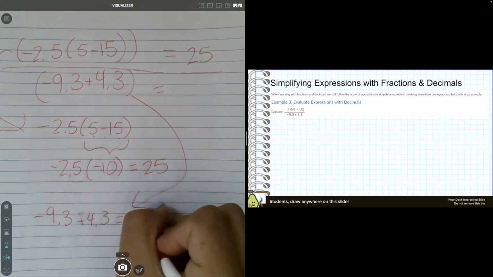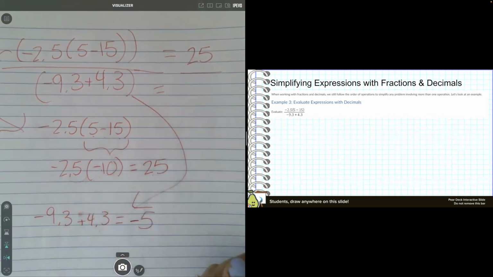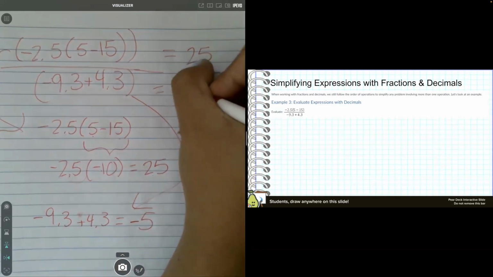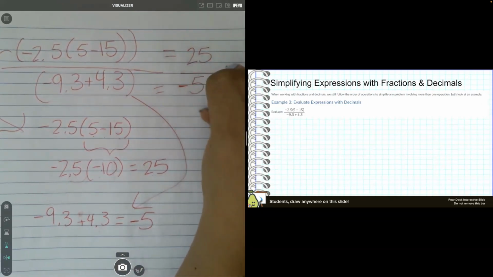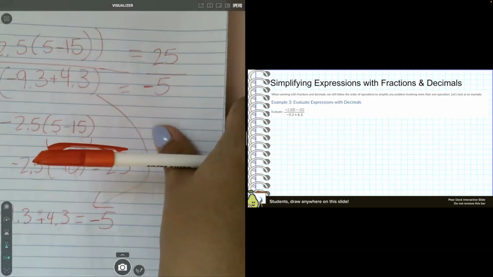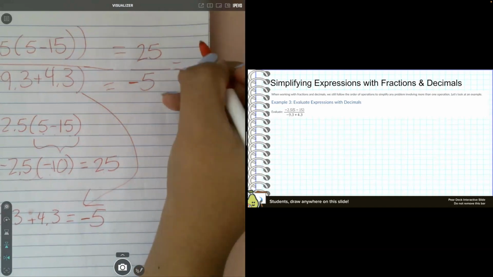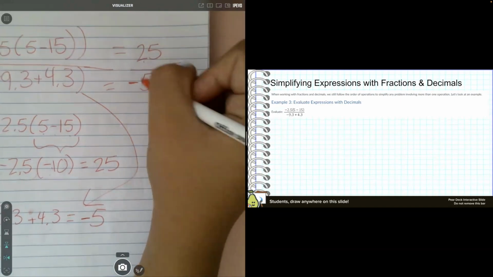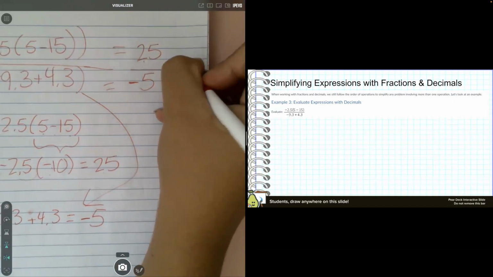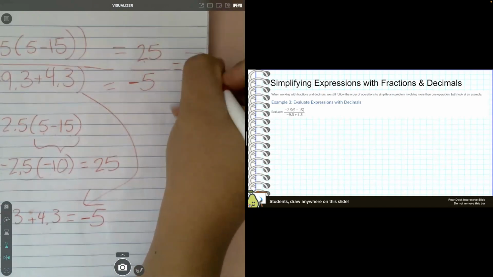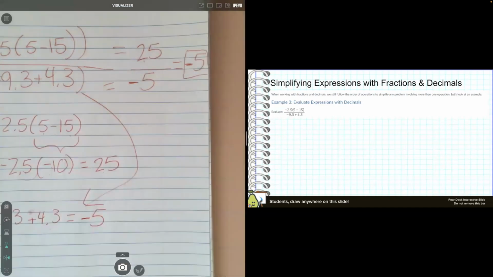So this would just be negative 5. So that is the solution to my denominator. So here I have 25 over negative 5. Our division rules state that a positive divided by a negative will give us a negative answer. 25 divided by 5 is 5. So my answer for this one would just be negative 5.